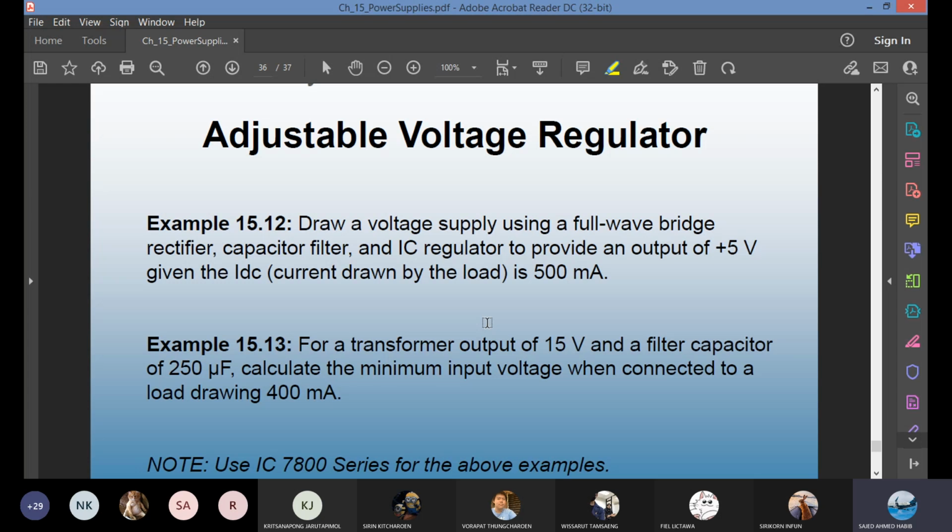So for a step down transformer, V1 is high and V2 is low, which means N1 will be high and N2 will be a lower value. That's a step down transformer, right?